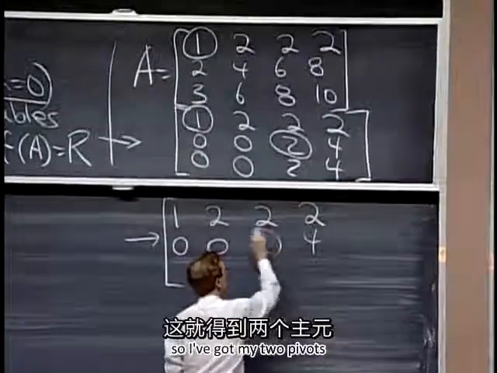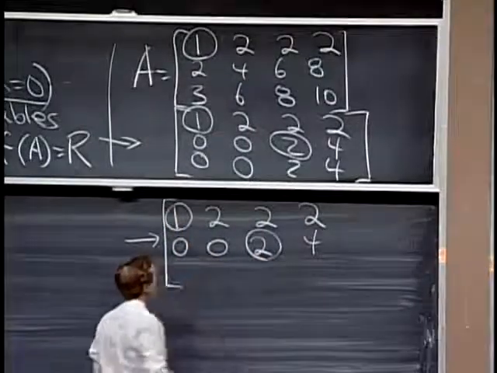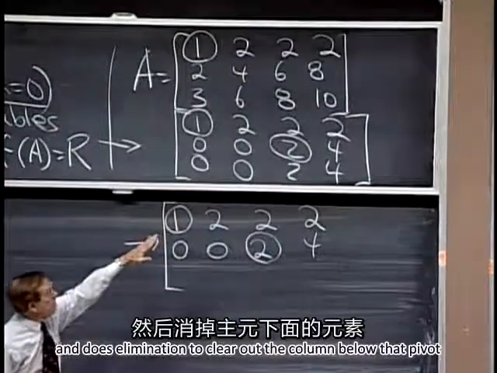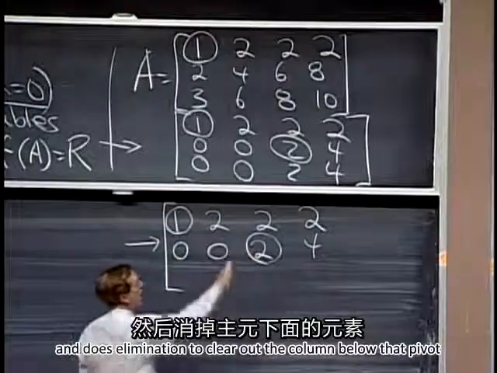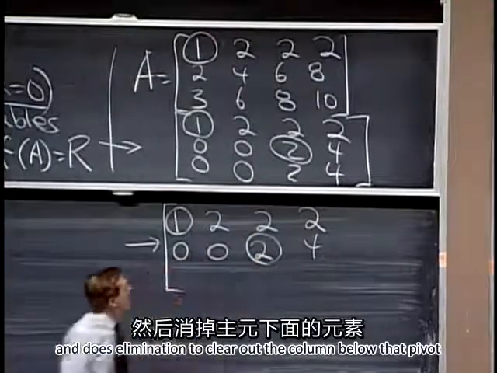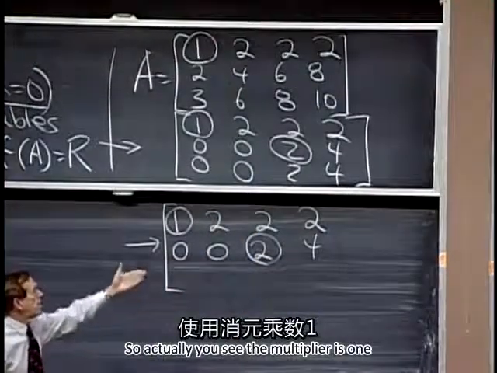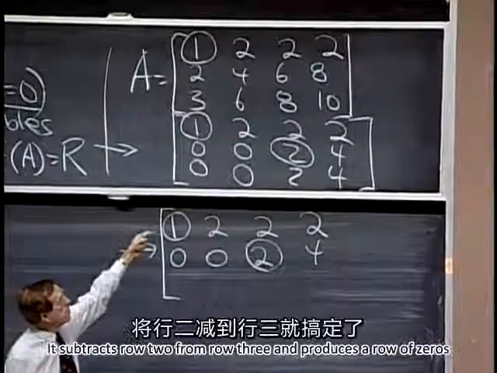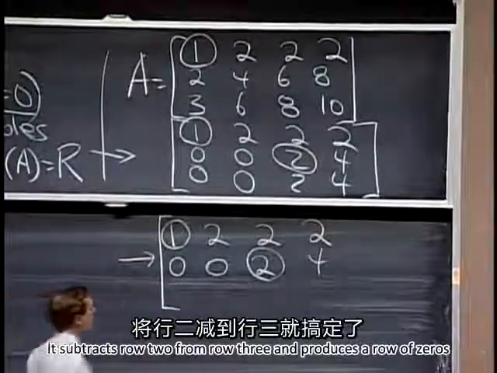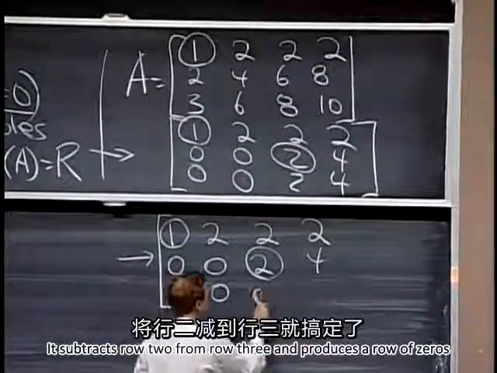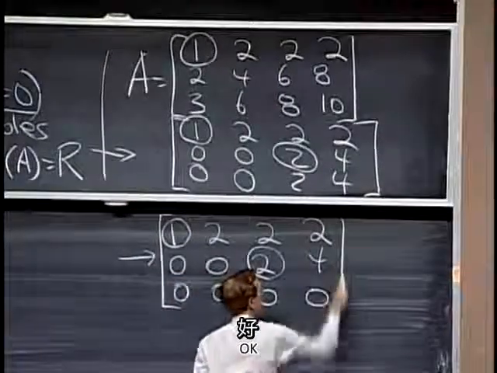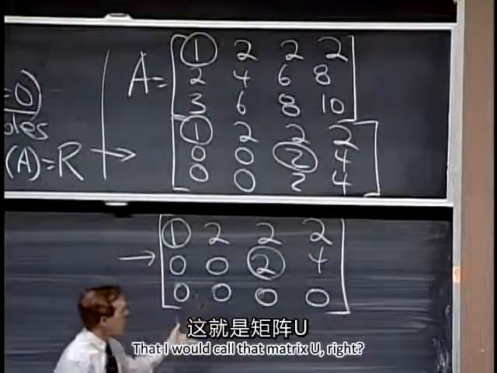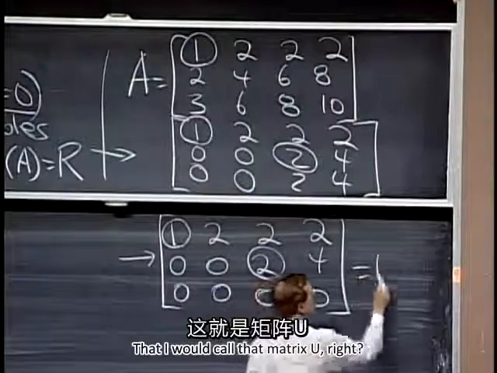So I've got my two pivots, and does elimination to clear out the column below that pivot. So actually, you see, the multiplier is 1. It subtracts row 2 from row 3 and produces a row of zeros. Okay. I would call that matrix U, right?